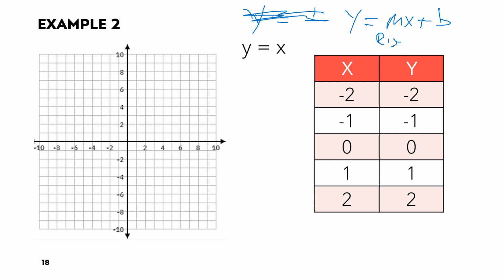M's rise over run, and b's your y-intercept. So if you wanted to rewrite this as y equals 1 over 1 x plus 0, it's the same equation.